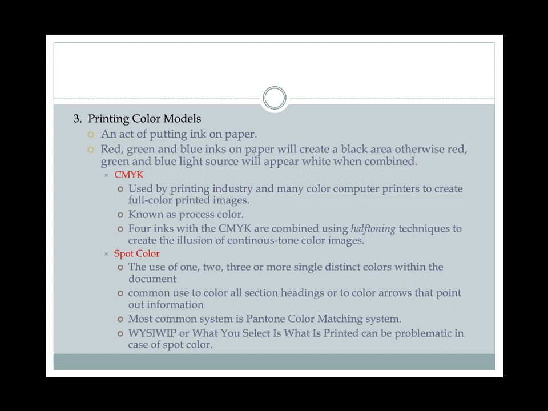And some of them are using the spot color, and the term that is usually used is what you select is what is printed. Sometimes it creates a problem in the case of spot color. And spot color is a very old school color matching system. So now all color printing uses the CMYK model.